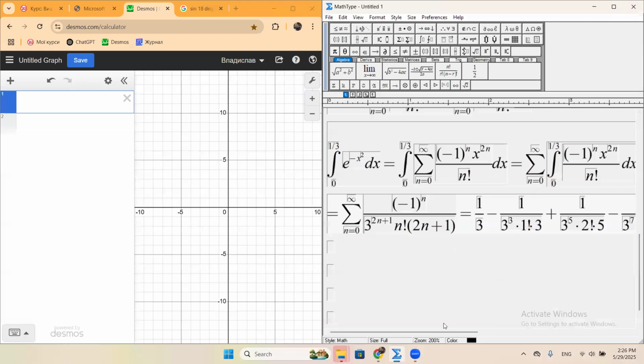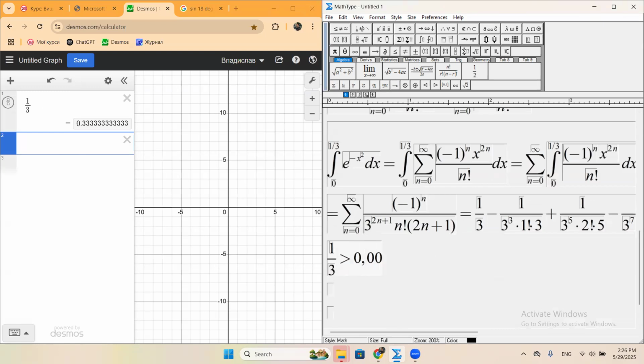So now let's calculate these values. So 1 over 3 of course is greater than the needed accuracy. Then what about this value? So 1 over 3 cubed by 3.